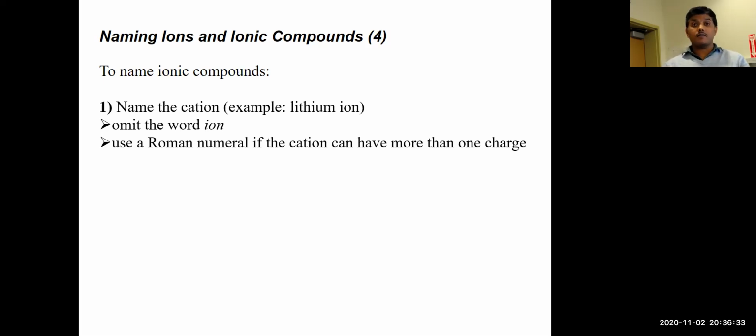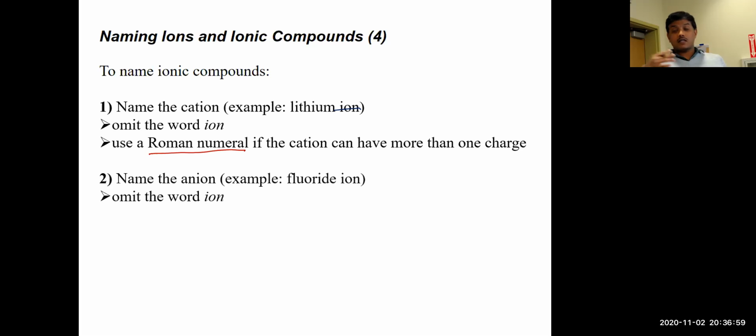Like, if you have K plus, you call it potassium ion, but to name the metal in the ionic compound, you just exclude ion. You take it away. And you would use a Roman numeral whenever needed, like if the charges are not fixed, unlike groups 1, 2, and 3.